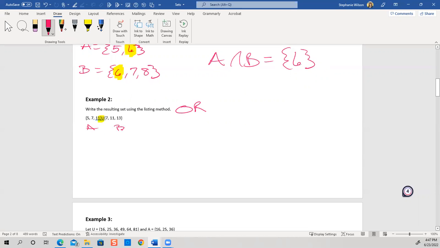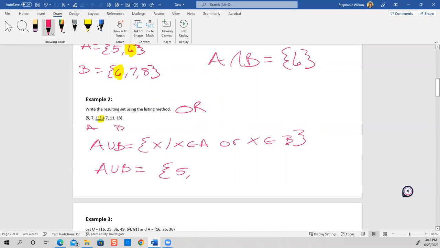So let's call this group A and let's call this group B. If I'm going to write this as A union B, again, we're going to have X such that X is an element of A, or X is an element of B. And if I was to write this out in the notation, listing it all, I would say that A union B is, and you only list the number once.